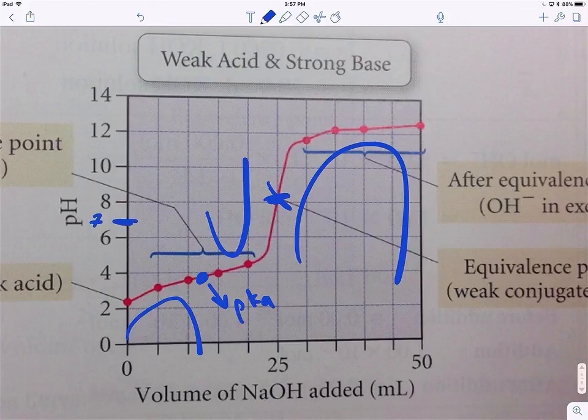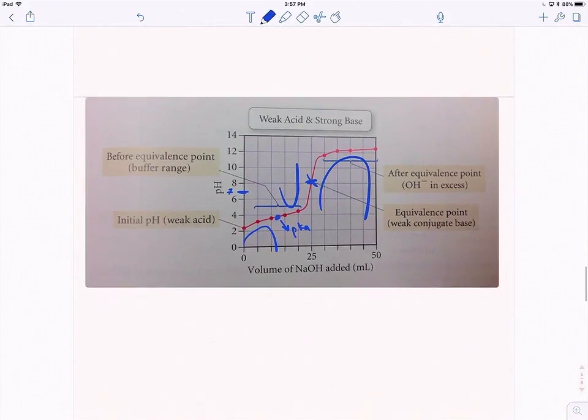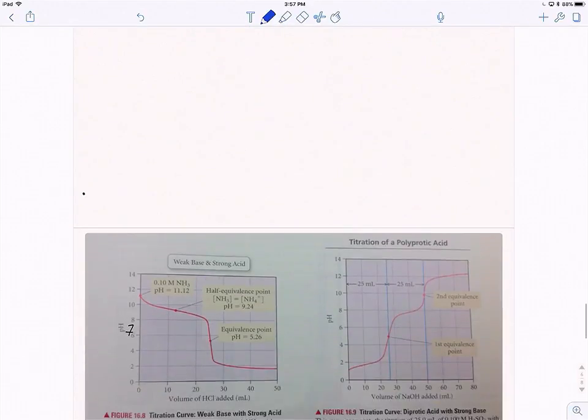Maybe a little bit less, 3.2 to 4.25 or something. So that's the buffer zone. So this wouldn't work for a pH of 5. A pH of 5 would be right here, and if you add base to that, it'll jump up. So a buffer only works for a certain zone, for a certain combination of weak acid and strong base.